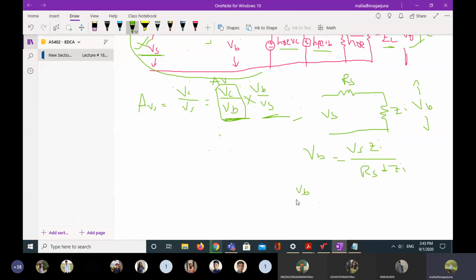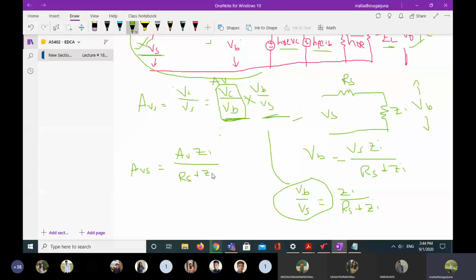Therefore VB divided by Vs is equal to ZI divided by Rs plus ZI. Now we substitute this term in this, so we get AVS equal to AV into ZI divided by Rs plus ZI. Substitute in that.